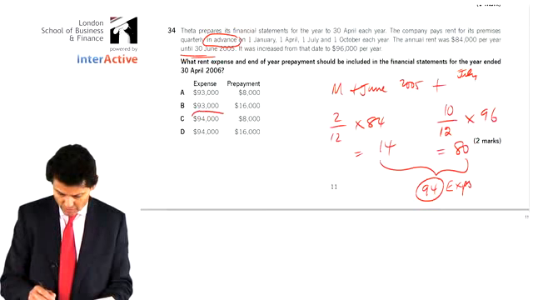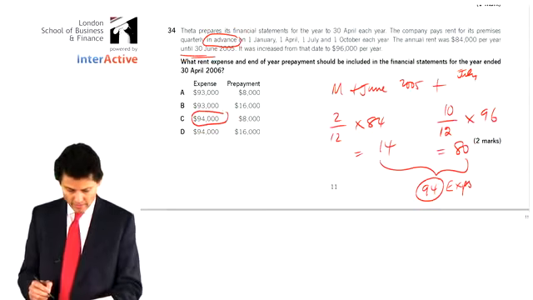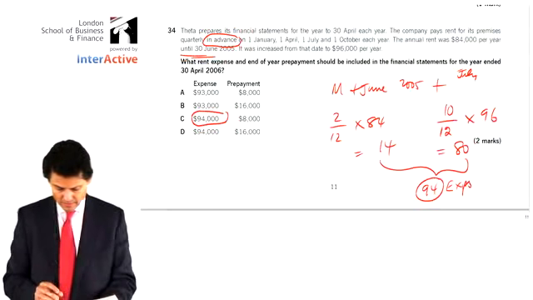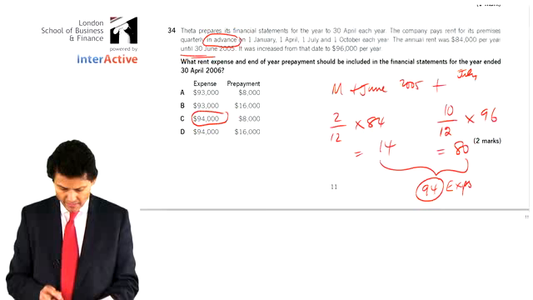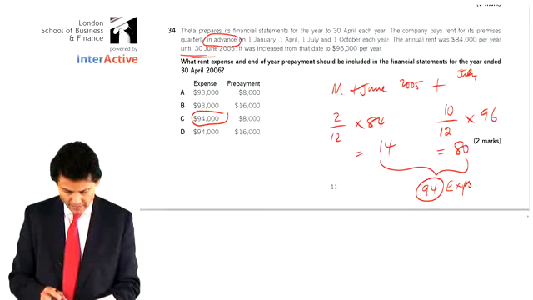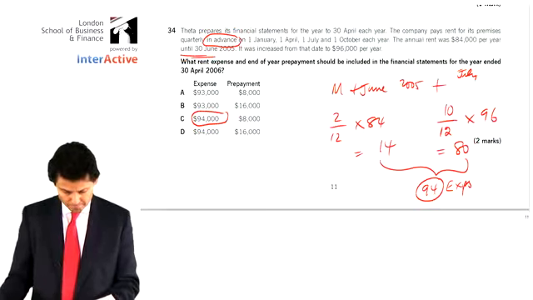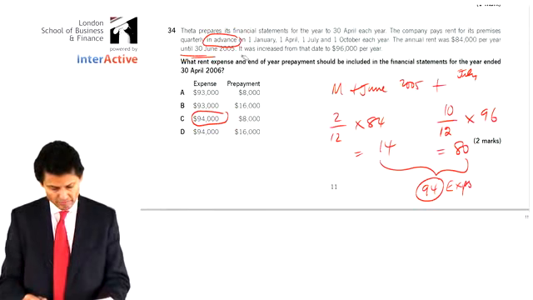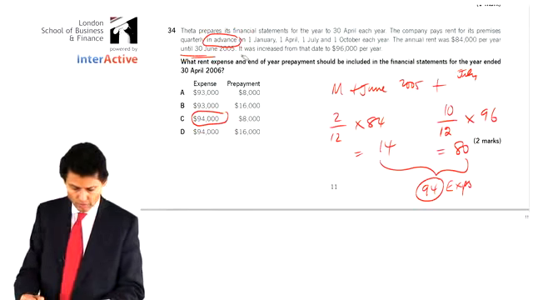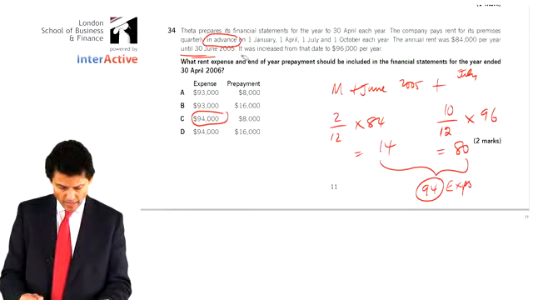So certainly this one looks pretty good, 94. And the prepayment, I suppose, is another matter altogether. If 96 has been paid quarterly in advance, so let's say on the 1st of January, you've paid for January, February, March, April.